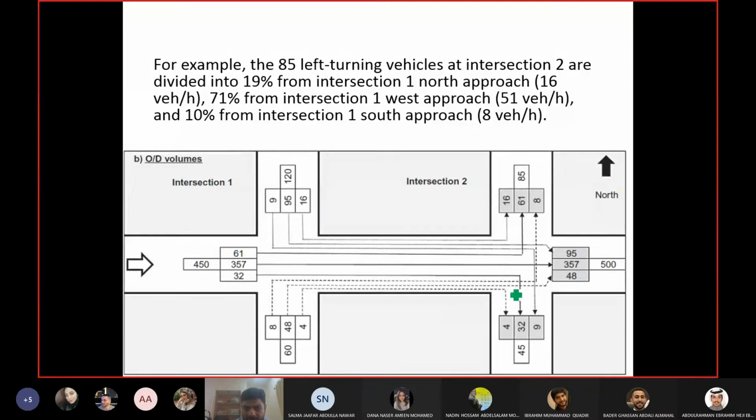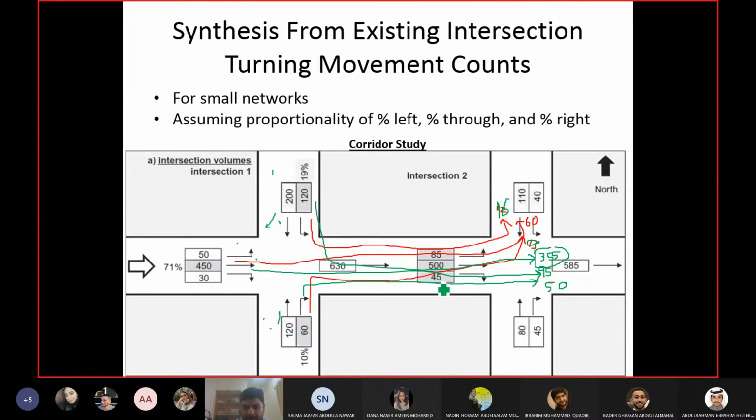So 19% of 85, which was for going left, then 19% of 500, which was for going straight, and then 19% of the people who are going right, which was for the right turn. So 9 is going in this zone, coming with the right-turning movement. So 9 is basically 19% of 45.